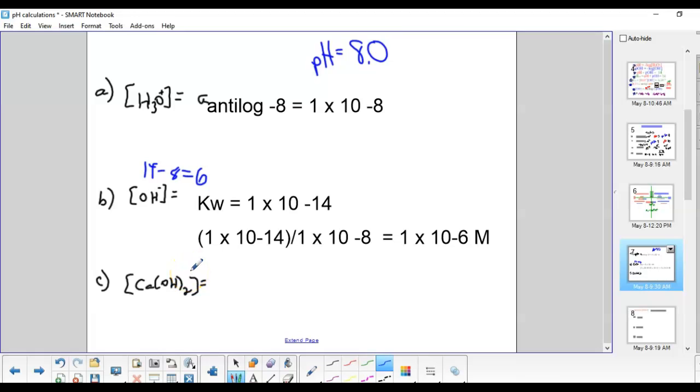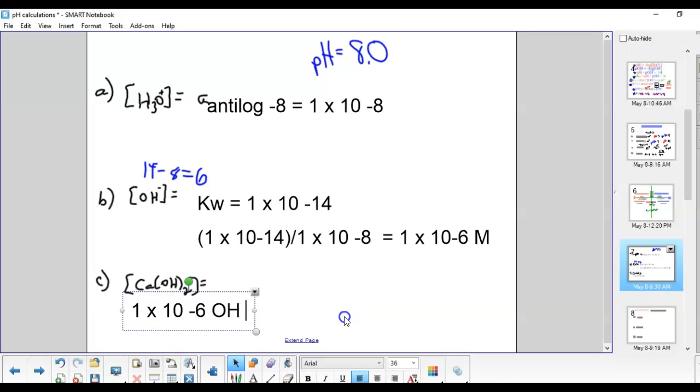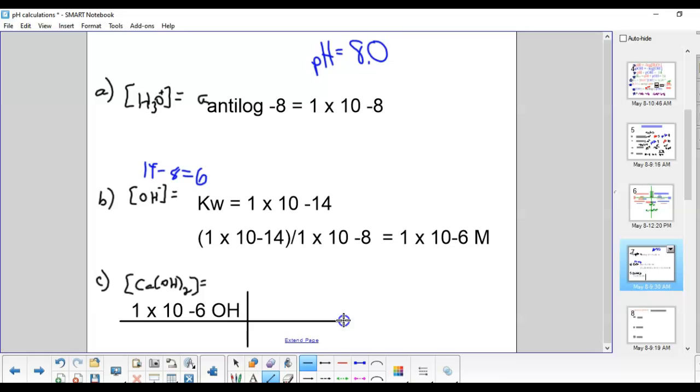Now, if this was a solution of calcium hydroxide, otherwise known as lime, how would we go about doing it? Well, I know that I have 1 times 10 to the negative 6 as my hydroxide. And I know that I have a 1 to 2 ratio. Why?